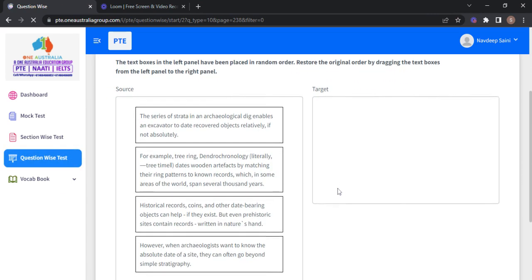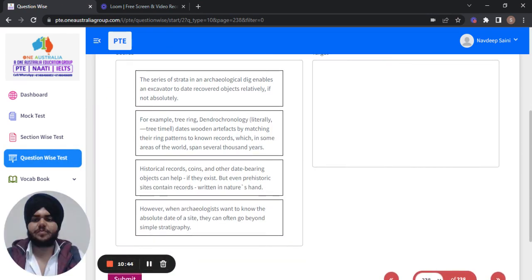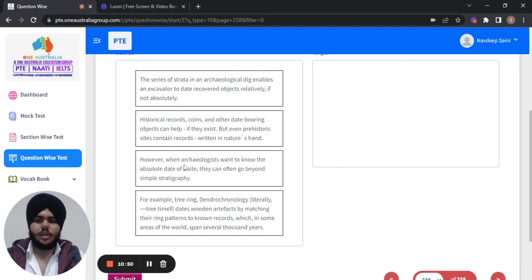Okay, so first of all, as you can see, for example, this is not our number one. Okay, however, this is not our number one as well. The series of strata in an archaeological dig enables an excavator to date recovered objects relatively, if not absolutely.